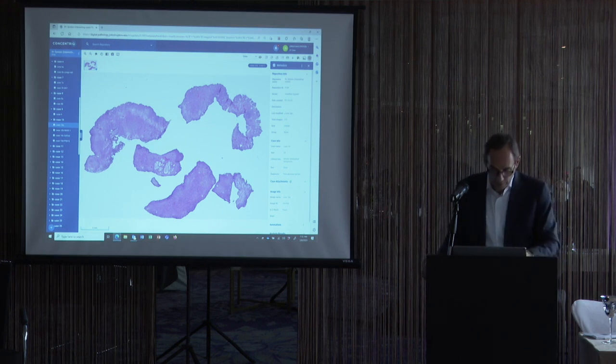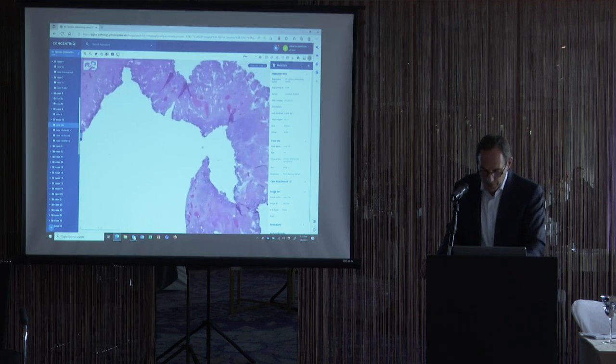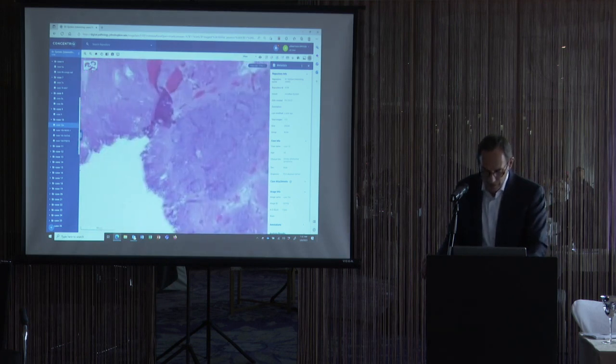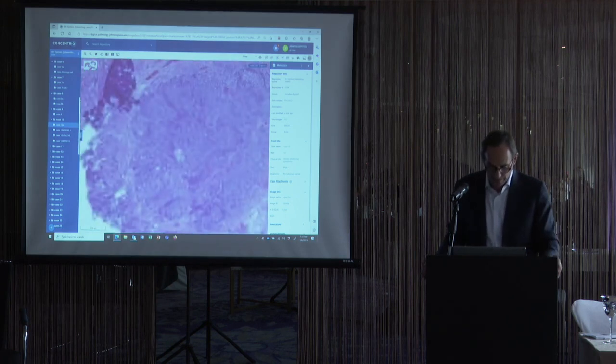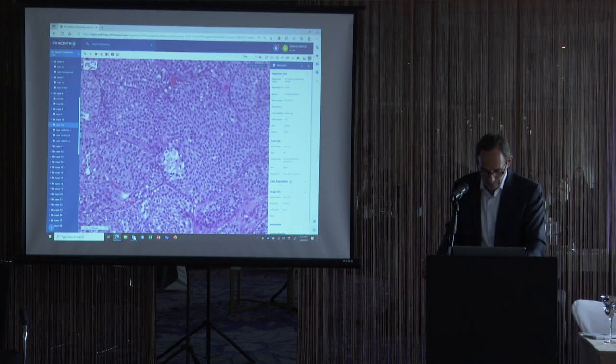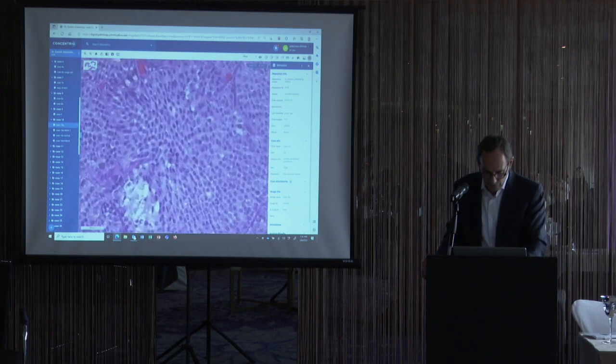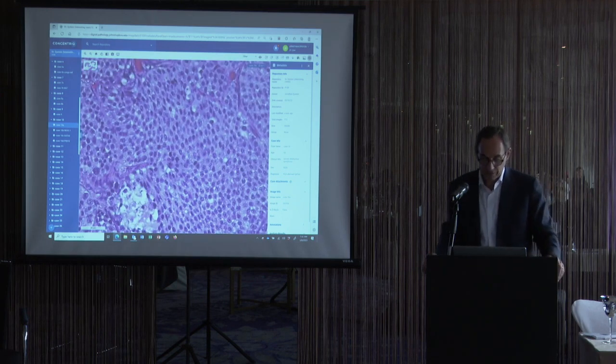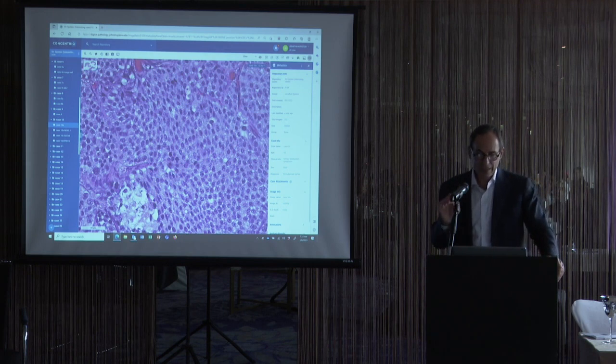I talked about prostate cancer aberrantly expressing P63. Here, in this nodule, we have tumor that looks classic for Gleason score 5 plus 5 equals 10.